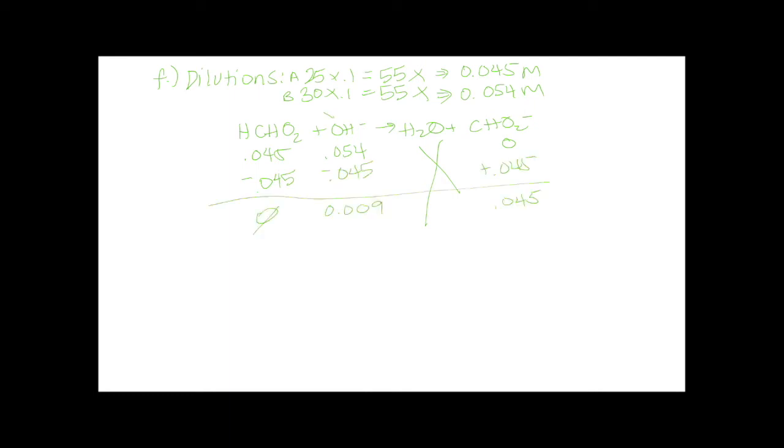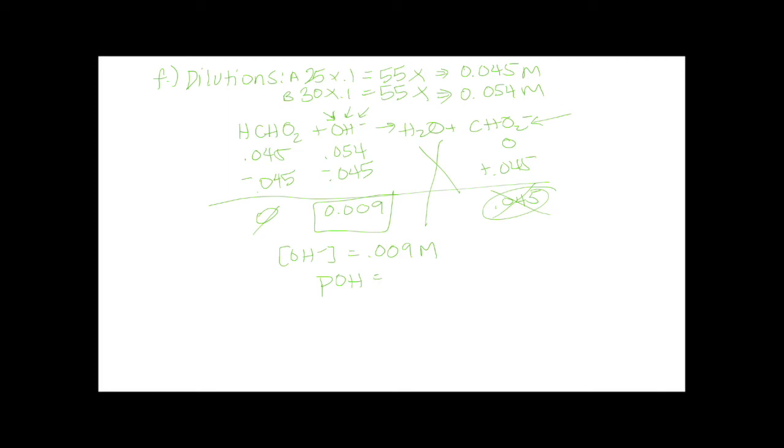All right, this, my friends, is a strong base. Therefore, we don't care about anybody else that's left. The weak base does not matter. All that matters is my OH minus concentration, which I can use to find my pOH.